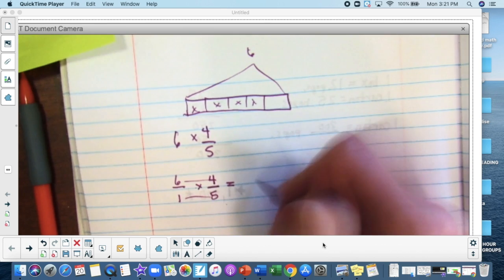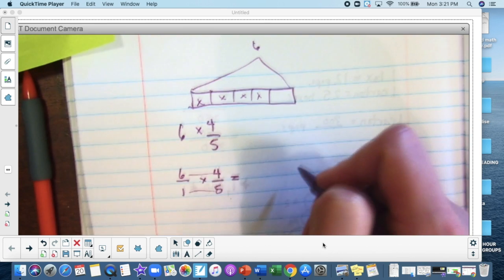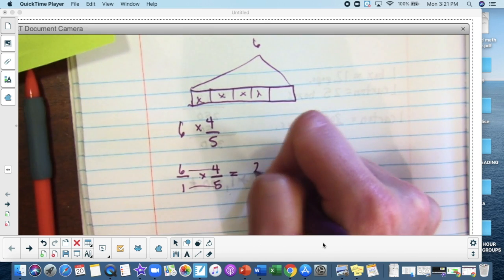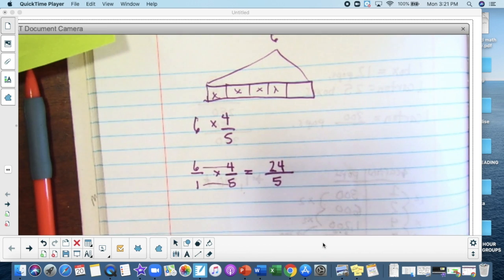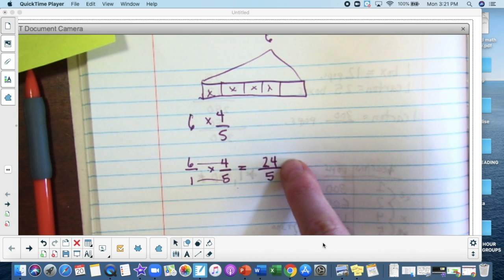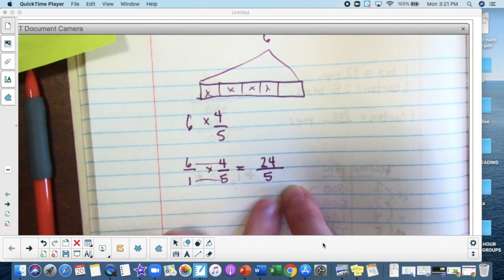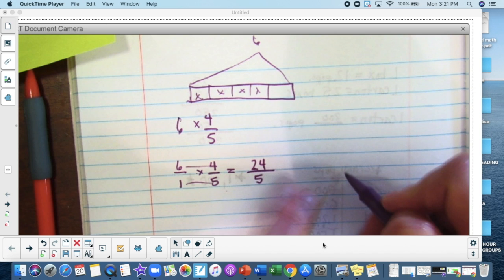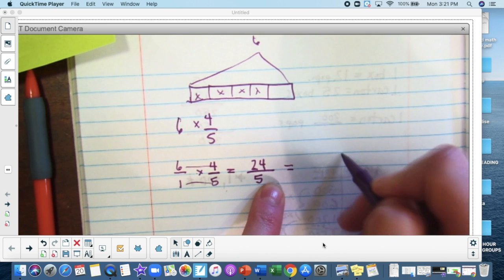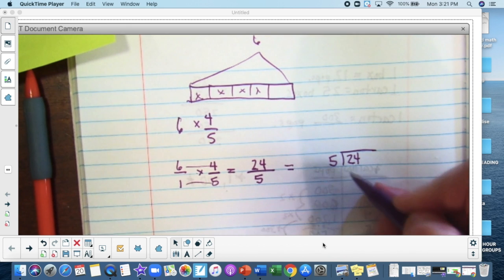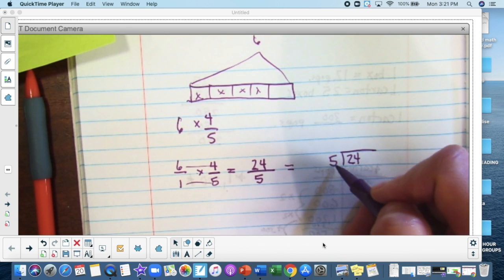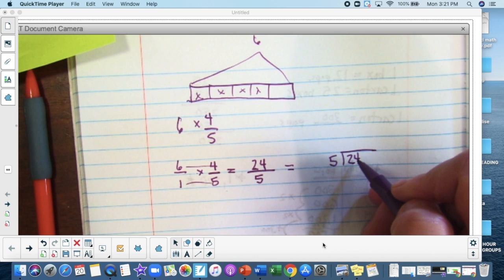To multiply fractions, I multiply across the numerator and the denominator. Across the numerator, I have 24. Across the denominator, I have 5. I know this is a fraction greater than 1 because my numerator is greater than the denominator. So now this is the same thing as saying 24 divided by 5. So I can say, well, 5 times 5 is 25.